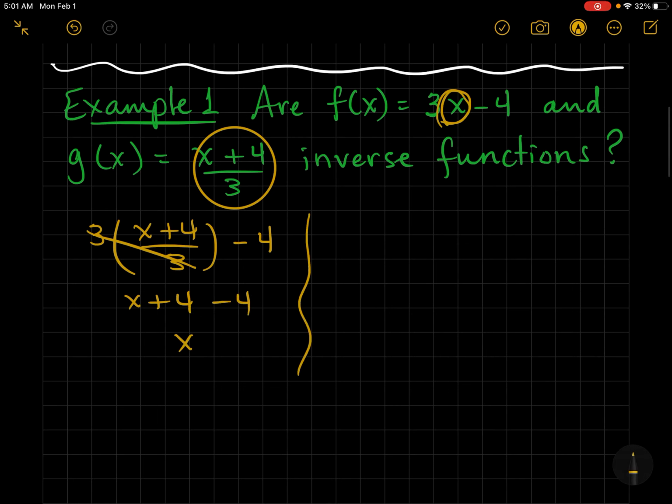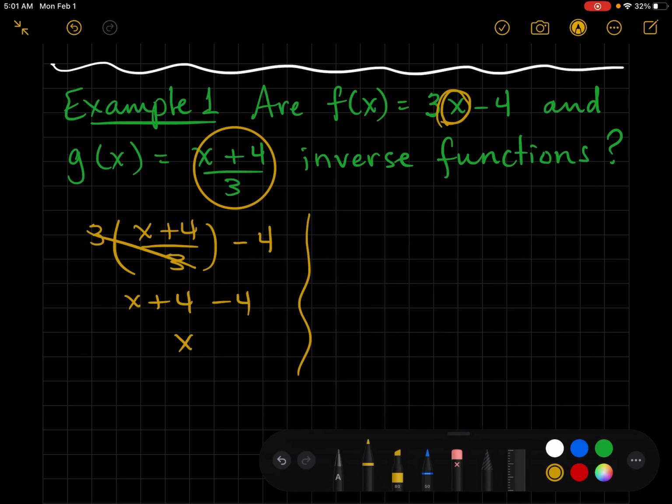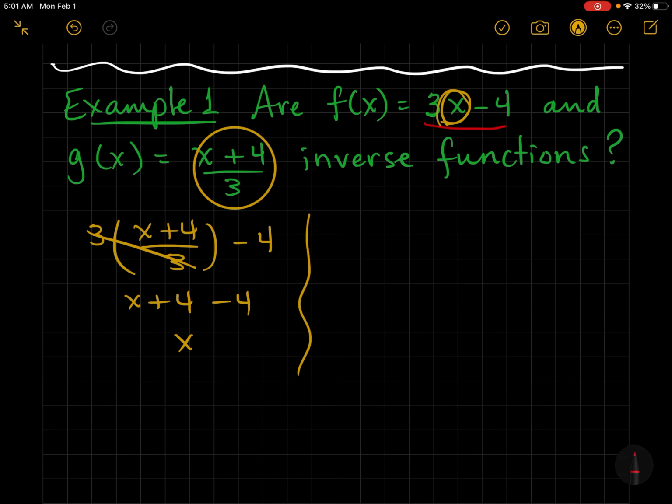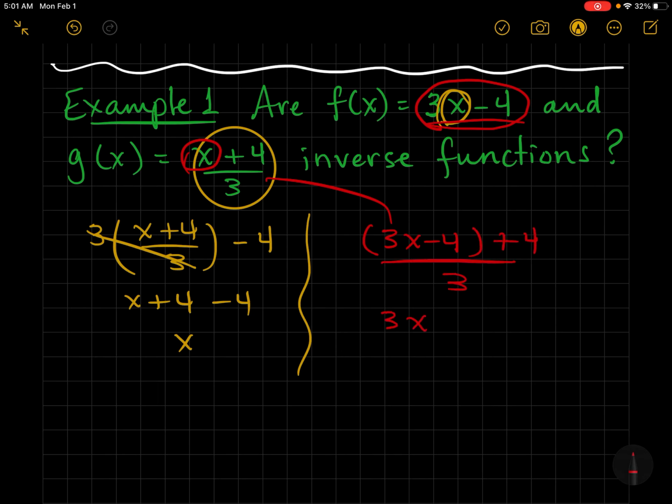But now, here's the big test. What if we go the other way and take all of this and plug it in for x? Let's see. So I'm going to start here, and I'm going to take the 3x minus 4 and plug it in. We get 3x minus 4 plus 4 over 3.